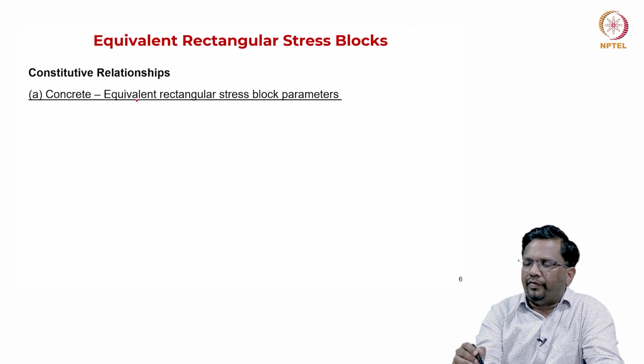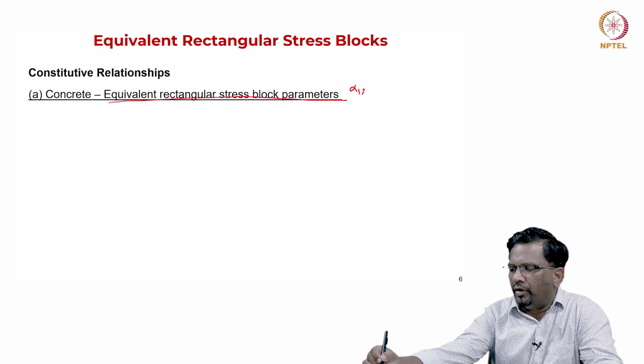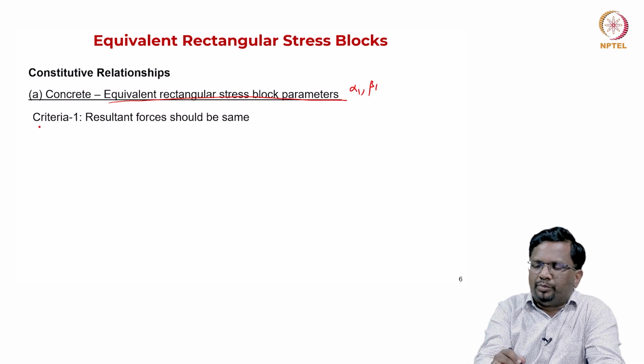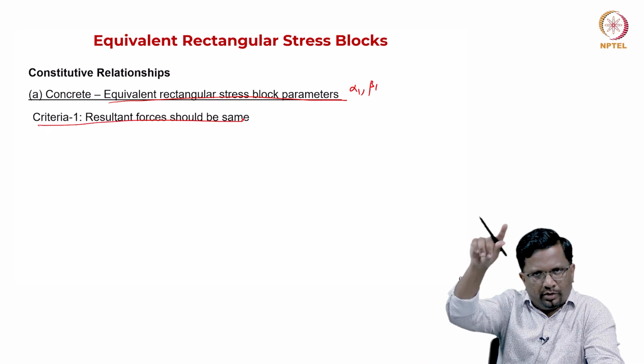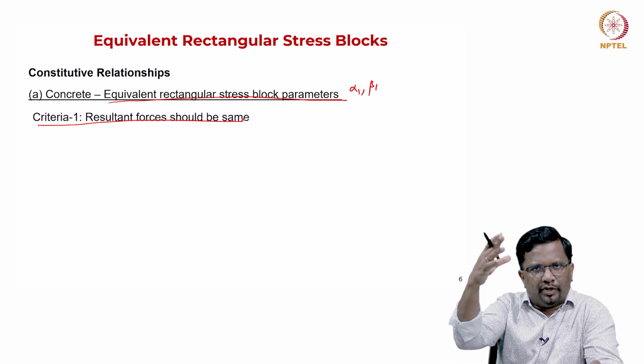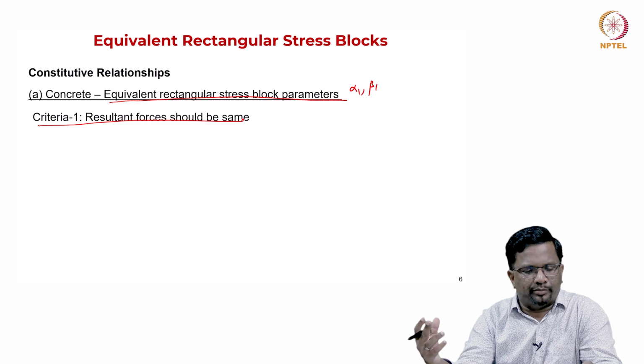For concrete, we are going to use equivalent rectangular stress block parameters, which are alpha 1 comma beta 1 that we discussed. The first criteria should be the resultant forces, whether it is triangular or parabolic or descending parabola, that equivalent force and the rectangular stress block force should be the same. So, how do we do that?